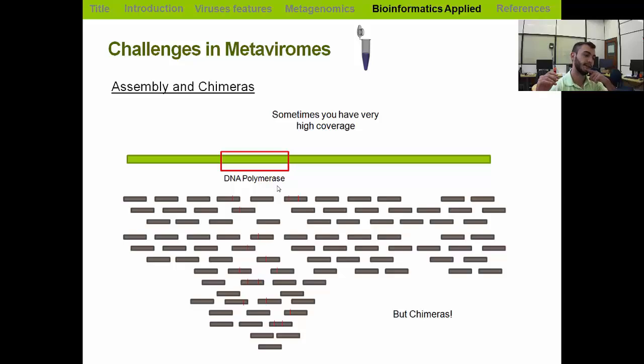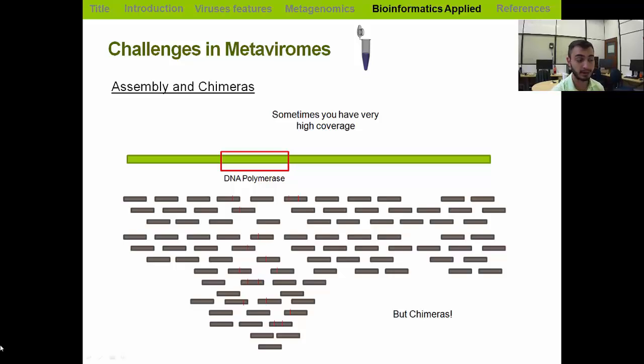A chimera is when the assembler is putting together reads from different species, from different genomes, in one consensus. This is not the reflex of one genome, so it's a chimera. It's an amalgam of two or more fragments from different species, from different genomes.